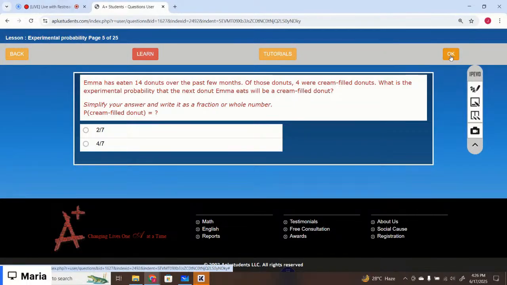Amber has eaten popular donuts for the past few months. What is the experimental probability that the next donut Emma eats will be a green filled donut? So which is the correct option?